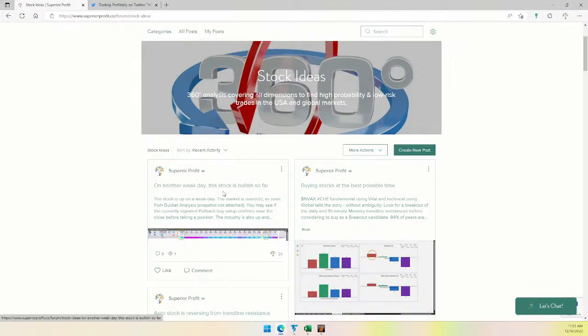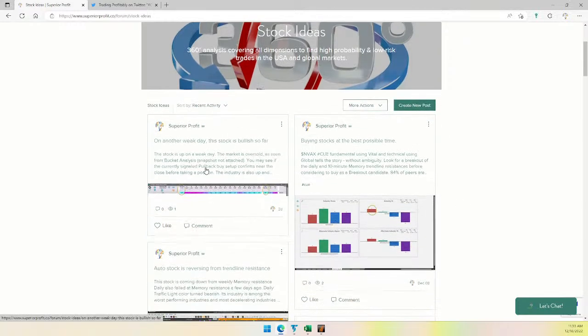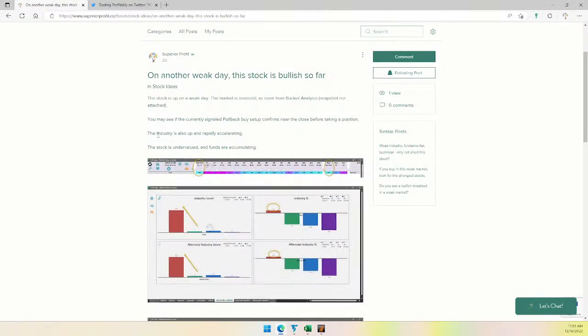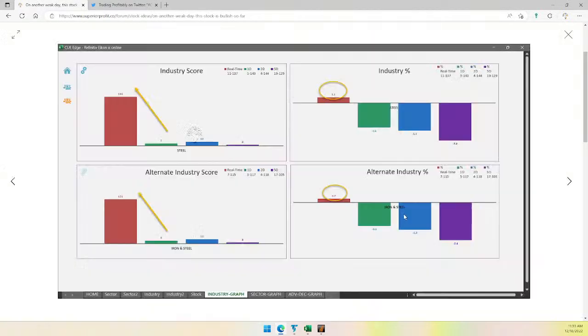Under the 360 degrees category, I always share live analysis before knowing the results, and this one I shared on Friday. Let's look at the snapshots.